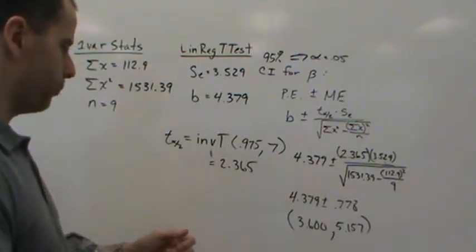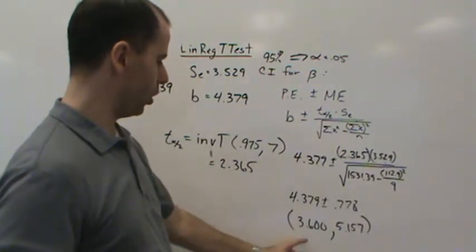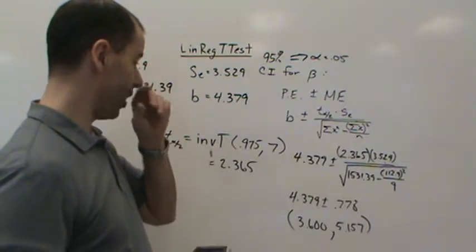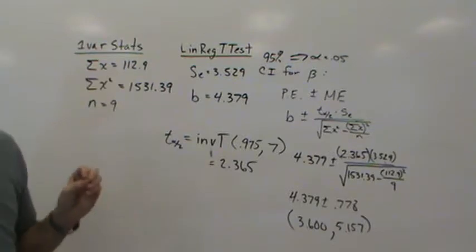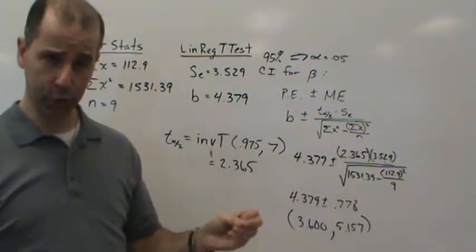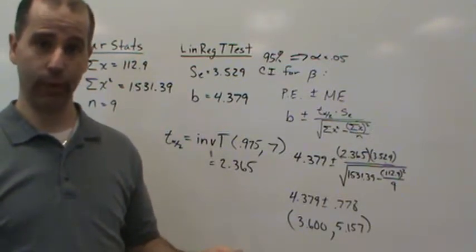So what do I get? I know that I'm 95% confident that the true slope of the regression line, in other words, we're talking about the change in yield, right? Bushels per acre for a 1 inch increase in annual rainfall.